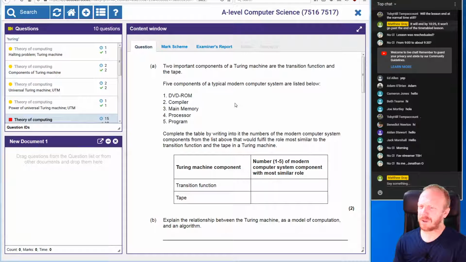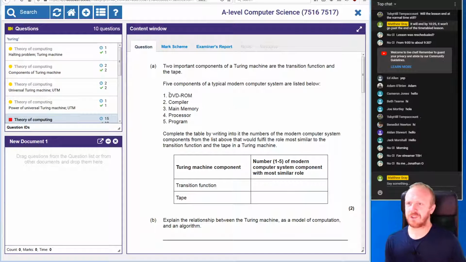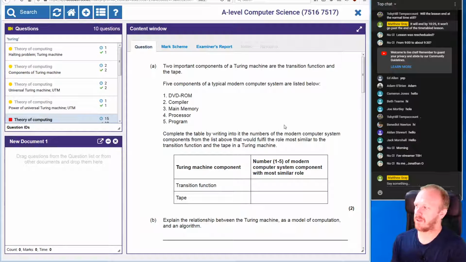This is a really complicated way of asking which of these modern computer components are equivalent to the tape and the transition function in a Turing machine. So the transition function, which of these, DVD-ROM, compiler, main memory, processor, and program, are the modern equivalent of the transition function?